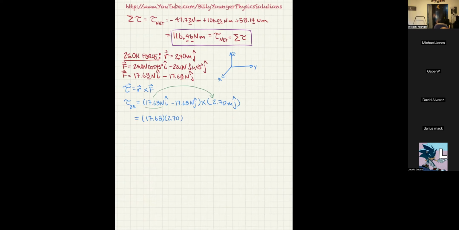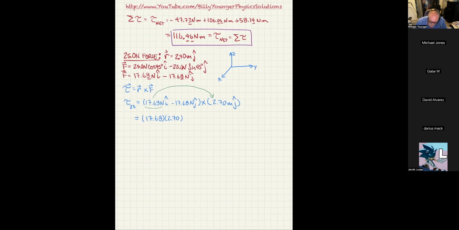What I'm using here is a property called linearity, and the cross product, like the dot product, is a linear operation, and that means that if you have a dot product or a cross product where the two things being multiplied have multiple terms with scalars in them, then you can pull all the scalars out in front and just allow the dot or cross product to apply only to the vector parts, and you don't lose any information and you don't make any errors.